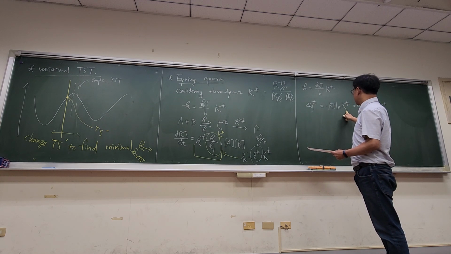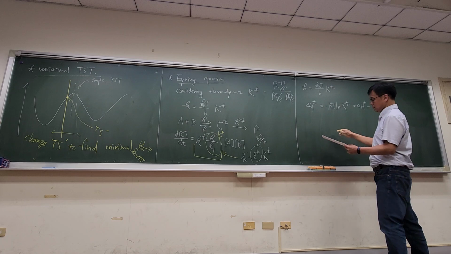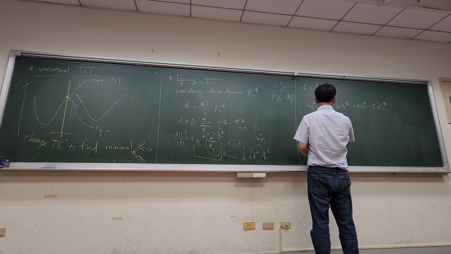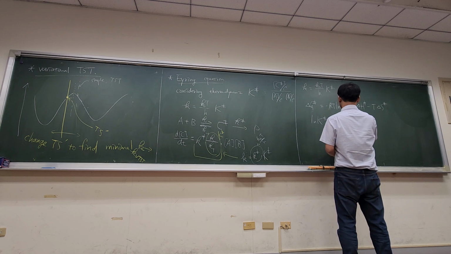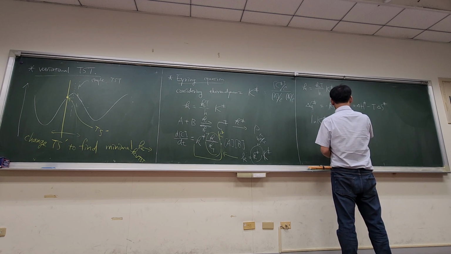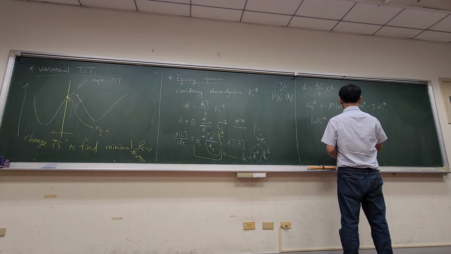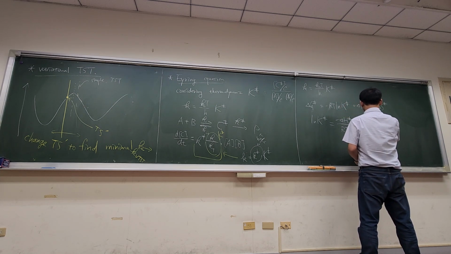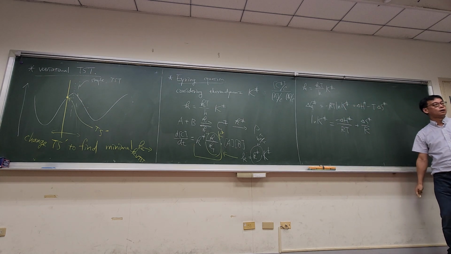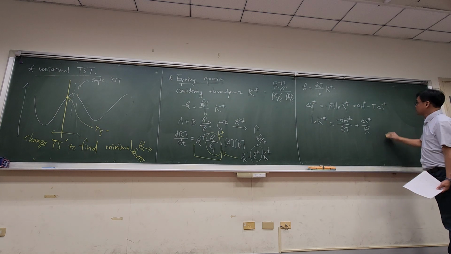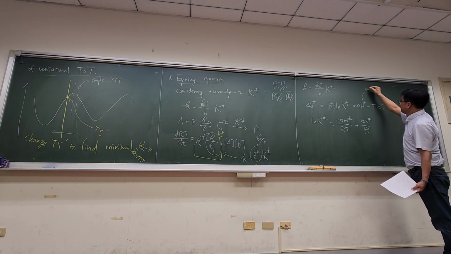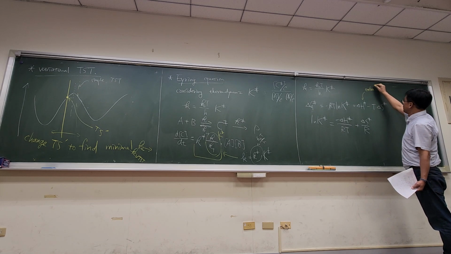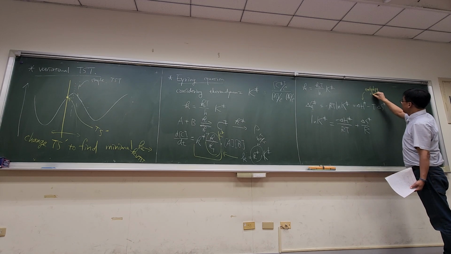Natural log K is this. So natural log K will be minus delta H over RT plus delta S over R. So this is the enthalpy of activation.